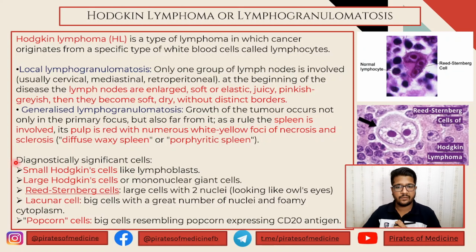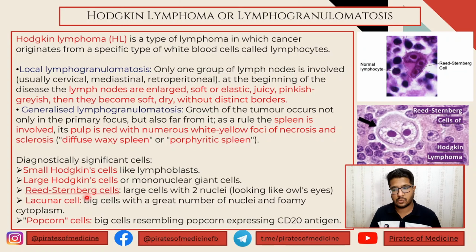Now, how to differentiate this lymphoma from other types of non-Hodgkin lymphomas or other tumors? Diagnostically, we have significant cells in Hodgkin's lymphoma, like small Hodgkin cells, which are lymphoblasts, and large Hodgkin cells, which are mononuclear giant cells. We had this in the patient.